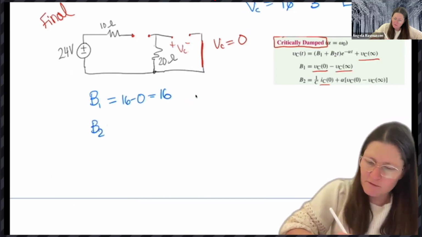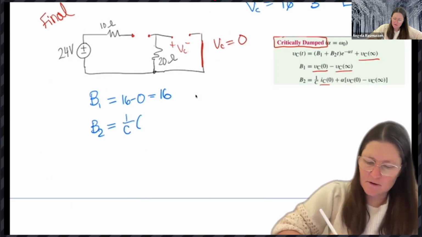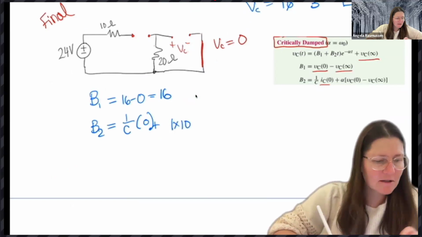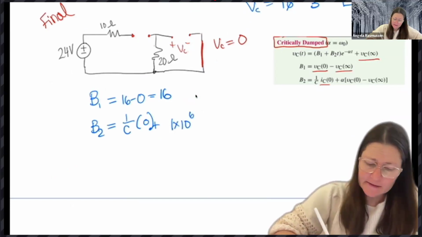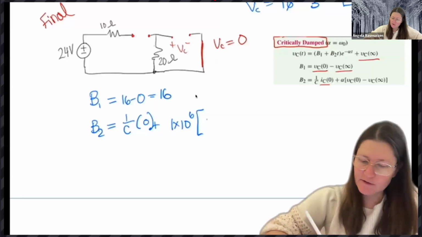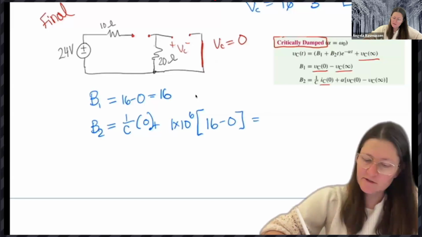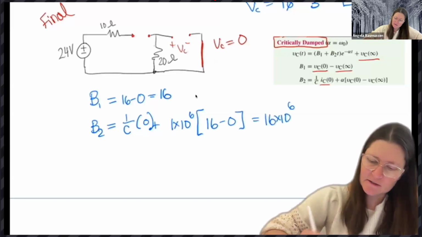And B2 is 0 for IC, and then alpha was 1 times 10 to the 6, and then VC of 0, 16, so this is just 16 times 10 to the 6.